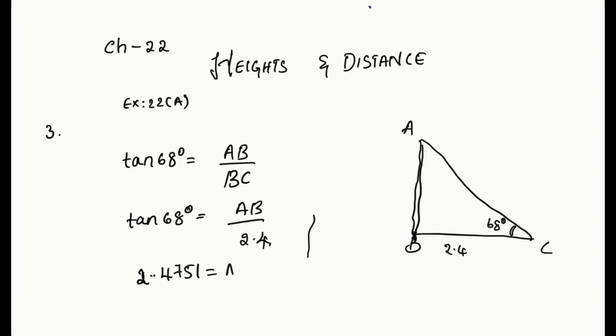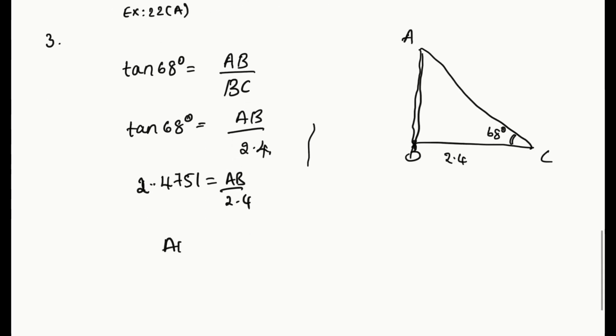So 2.4751 equal to AB by 2.4. So what is AB? AB is equal to 2.4751 into 2.4.